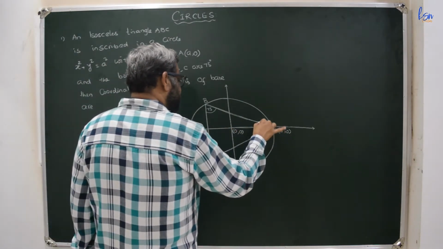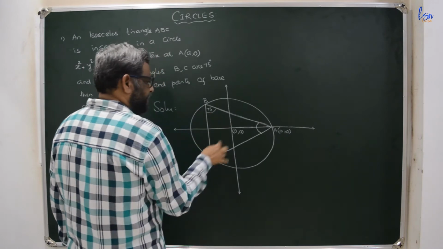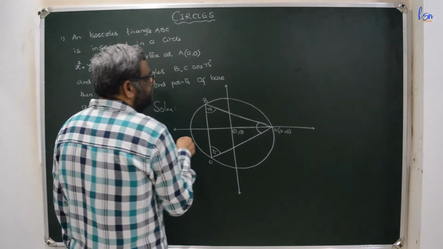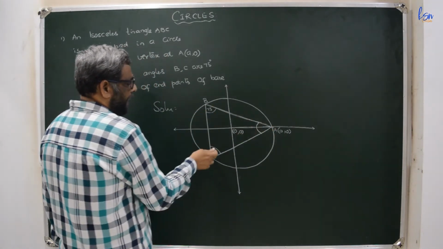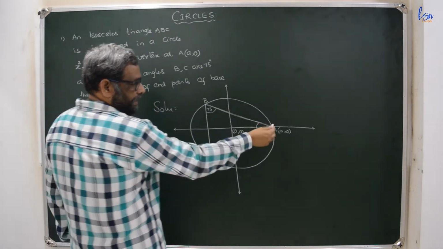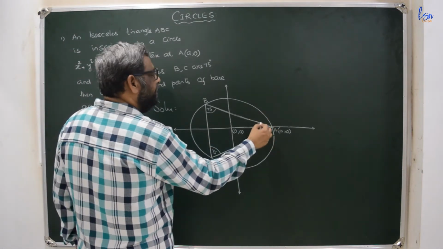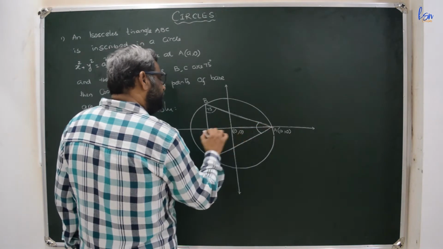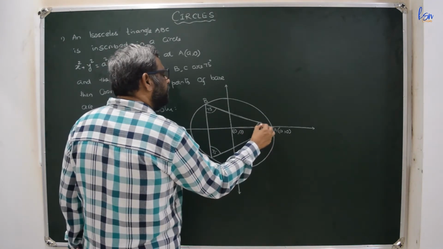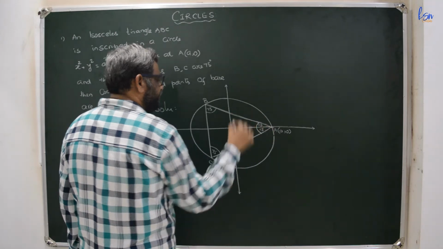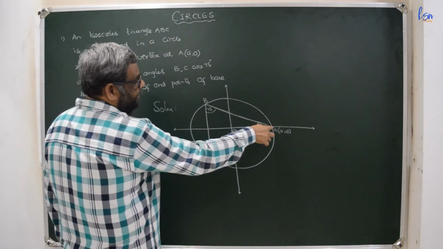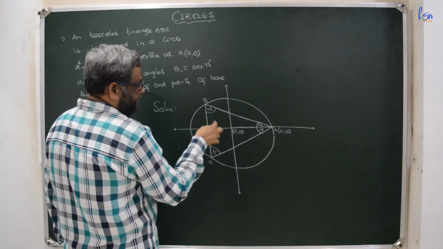So this angle is 30. It being an isosceles triangle and these two angles are equal, these two sides are equal. It is the point of intersection of the equal sides, and therefore this line will become the angular bisector, this is 15 and 15. This itself will become the altitude also through A.